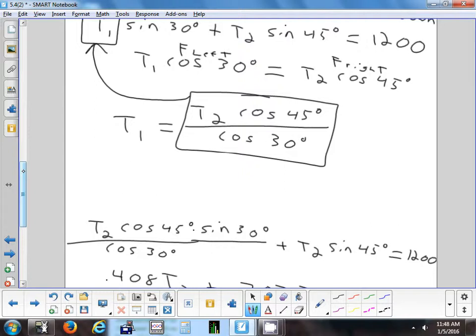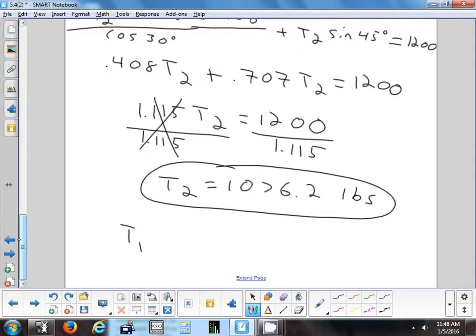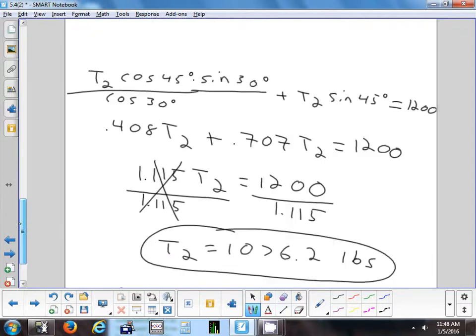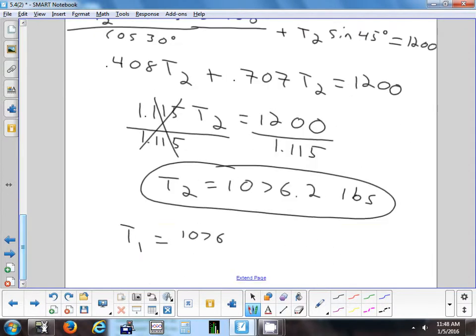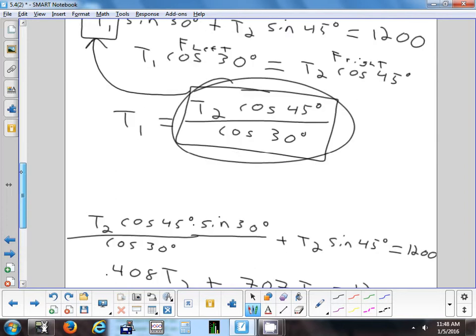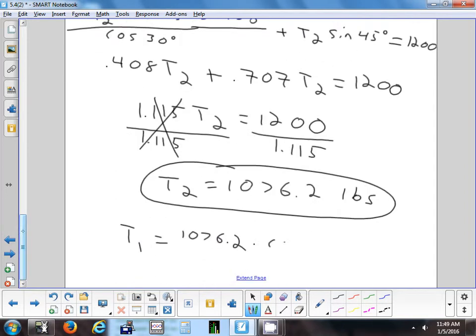But T1 is very easy to find. It's right there. T2, cosine 45 over cosine 30. You already have a formula for it. Okay, so T1 is T2 cosine 45 over cosine 30.